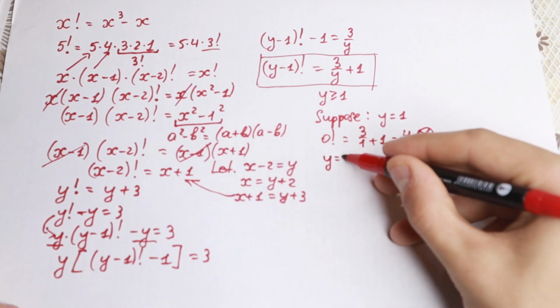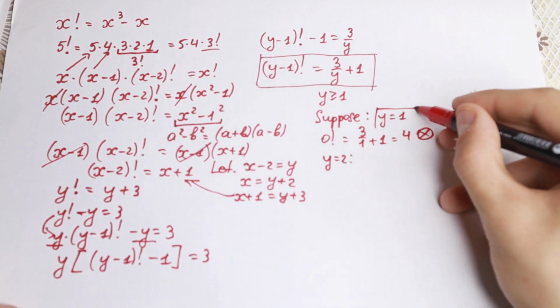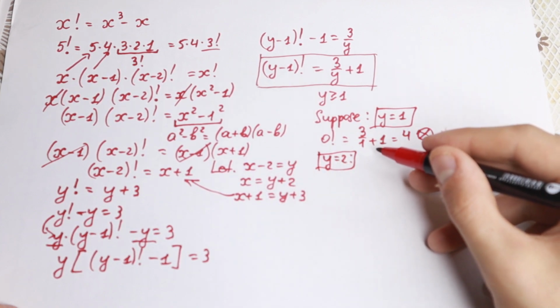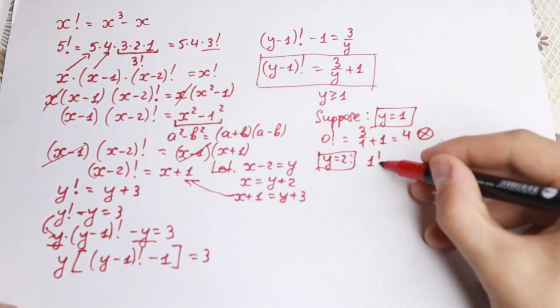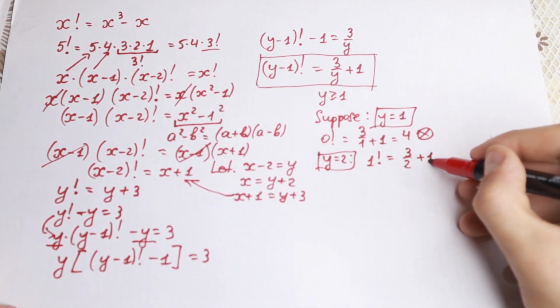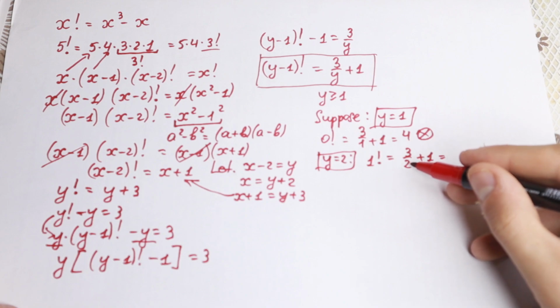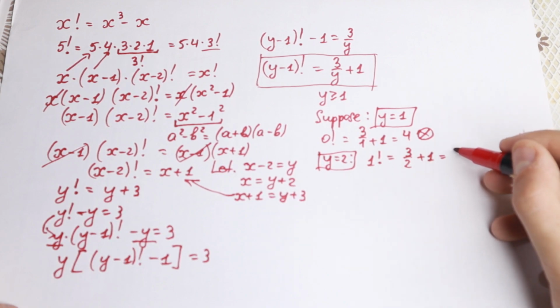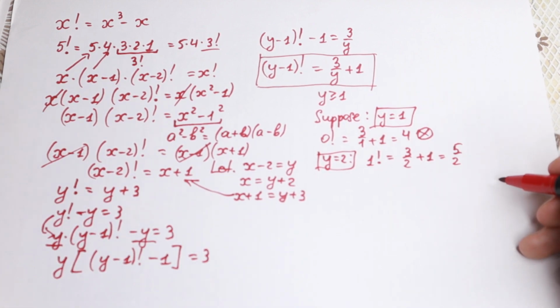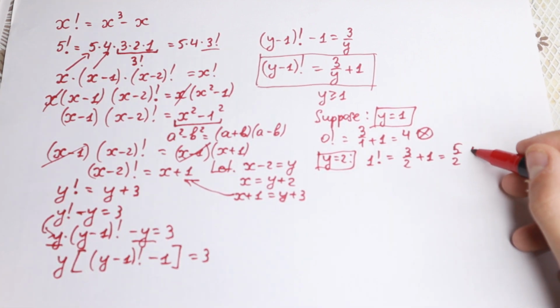When y equal to 2, for example, what we will have is 1 factorial equal to 3 over 2 plus 1, which is 3 half plus 1, so 5 half or 2.5, which is absolutely incorrect, because 1 is not equal to 5 half. This is incorrect.